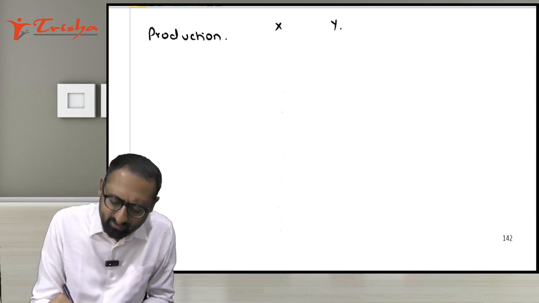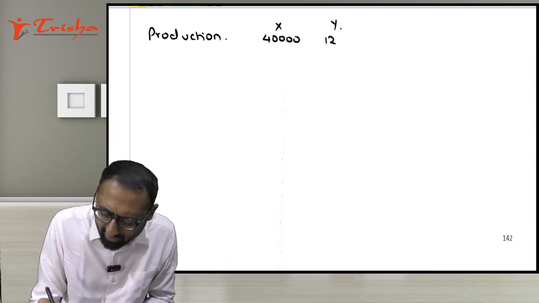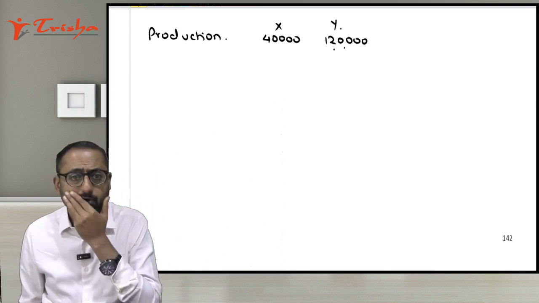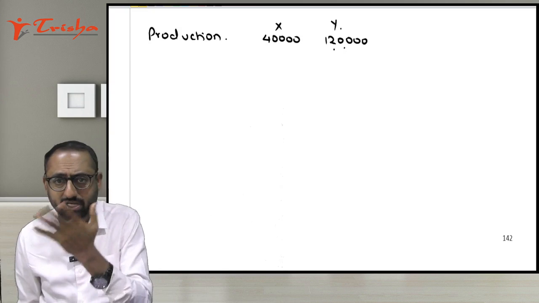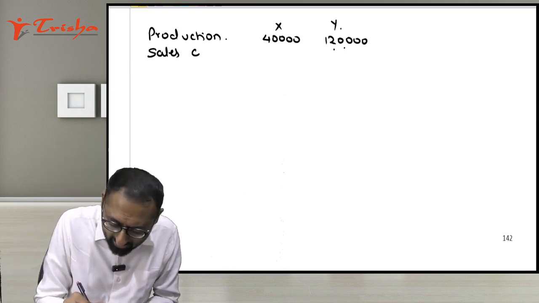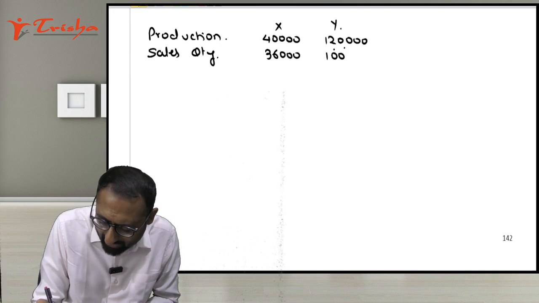Production of X is suppose 40,000 and production of Y is 1,20,000. Then sales quantity is given. Sales quantity of X is 36,000 and sales quantity of Y is 1 lakh.